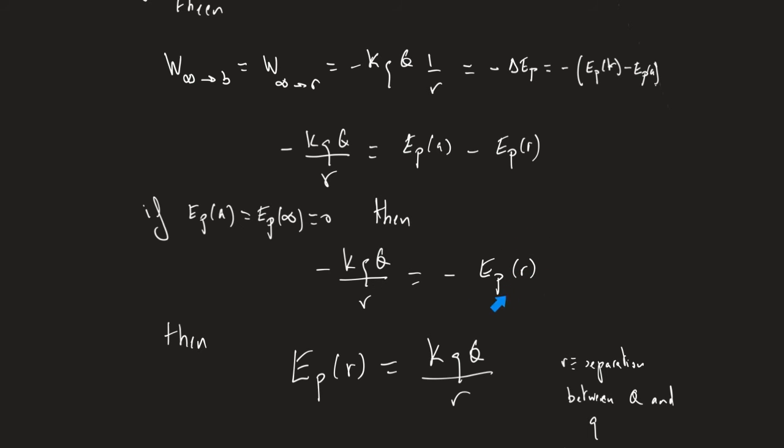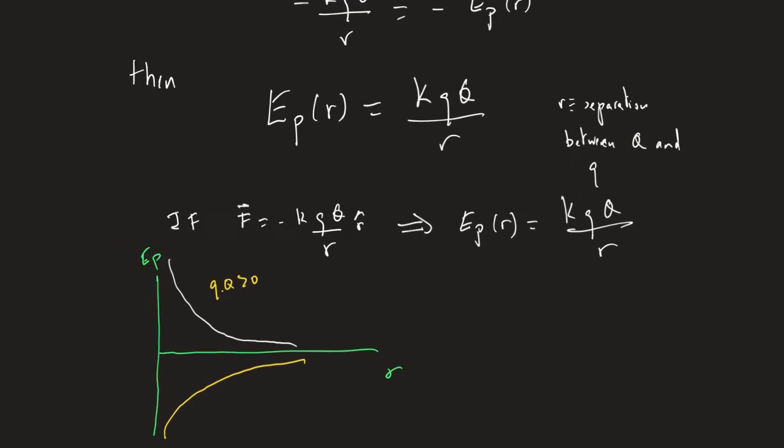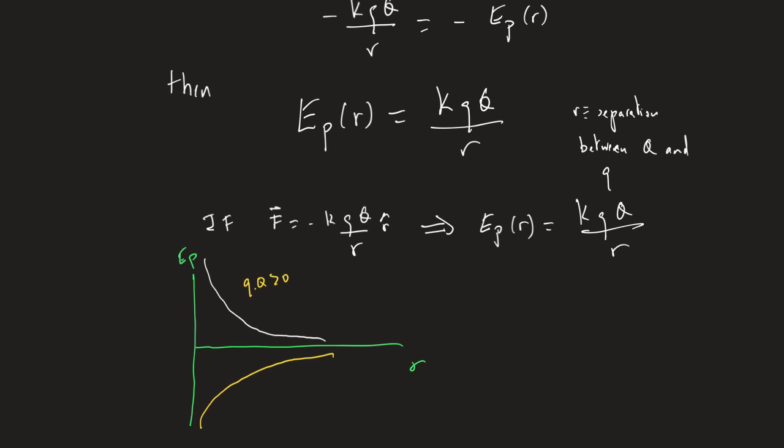So the function that keeps track of the work is Ep of r equals kQq divided by r, where r is the separation between the charge capital Q and the distance where you put the little q.